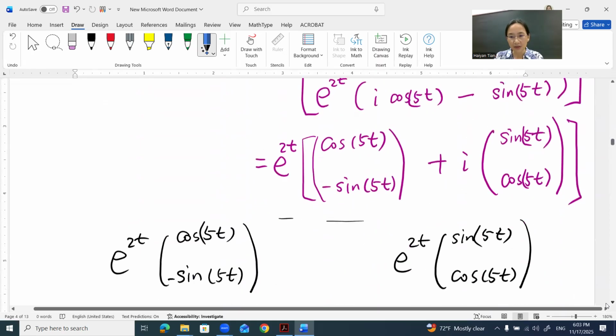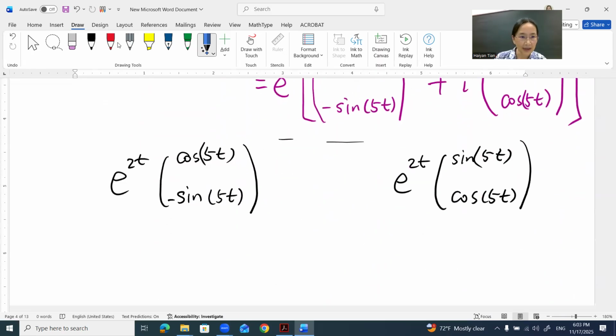Here, the general solution can be represented as x1, x2 equals some arbitrary linear combination. For example, we can call it some constant h plus k, another constant.